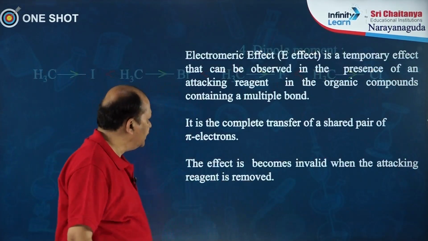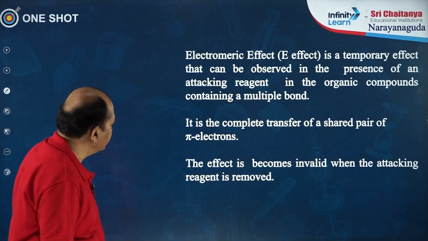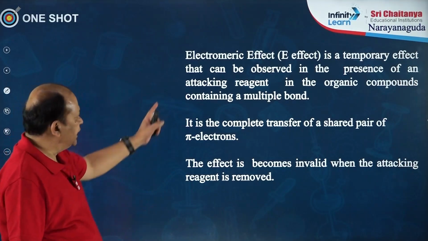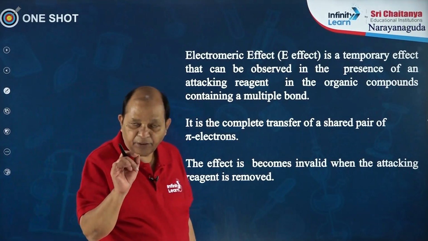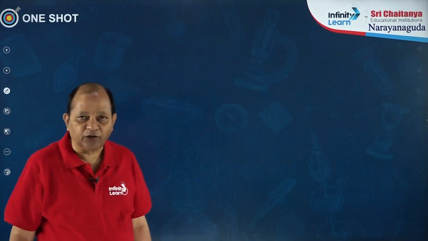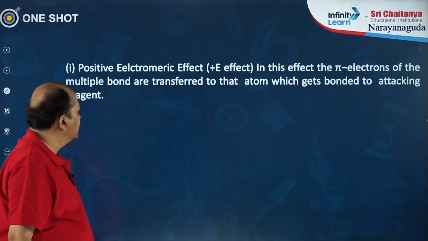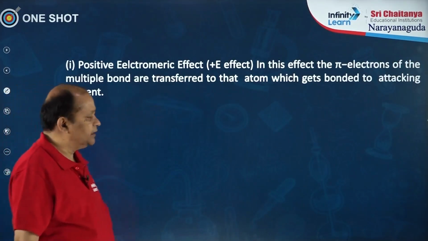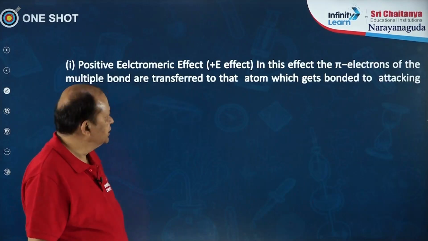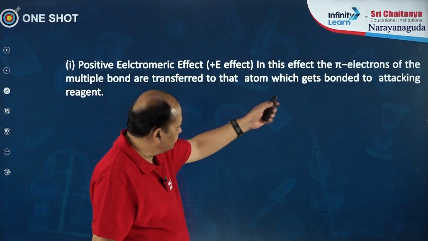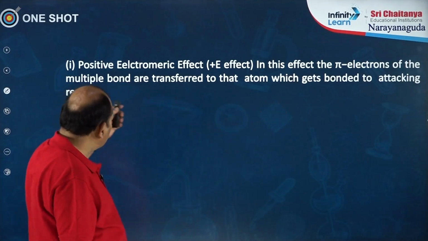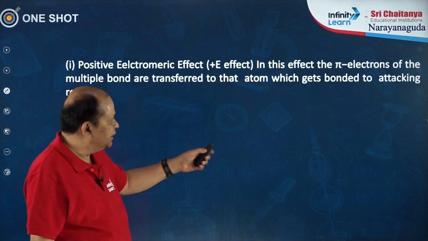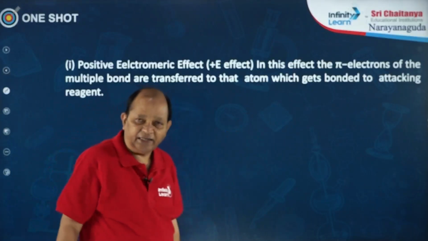Next, another interesting effect, that is the electromeric effect. It is a temporary effect. There are two types of electromeric effects. One is the positive electromeric effect. In this effect, the pi electrons of the multiple bond are transferred to that atom which gets bonded to the attacking reagent.